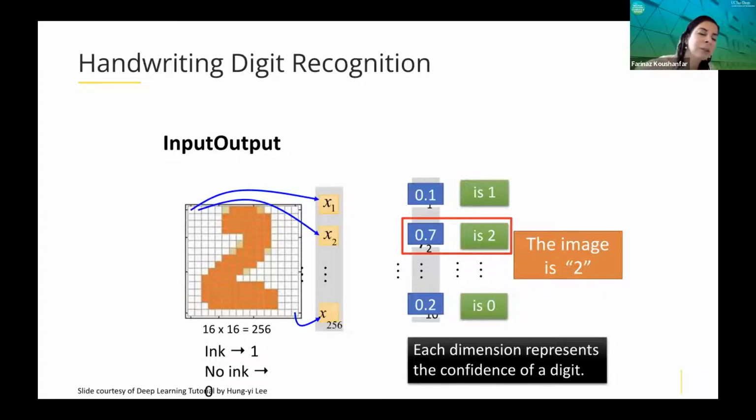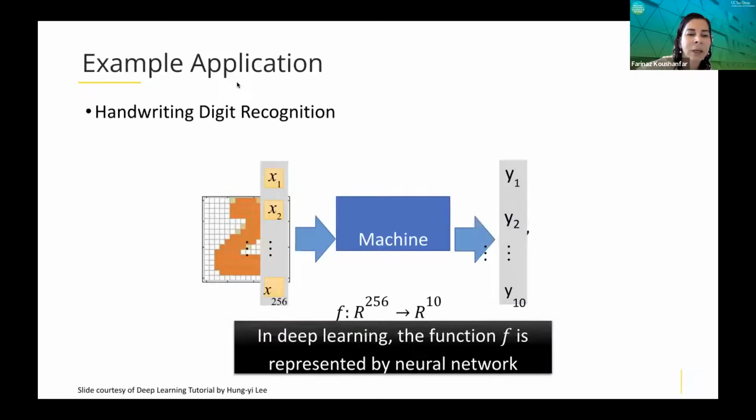Now, how does this work in practice? I'm going through these details because these are important in the way a data poisoning attack is done. Assume that we have handwritten digit recognition.